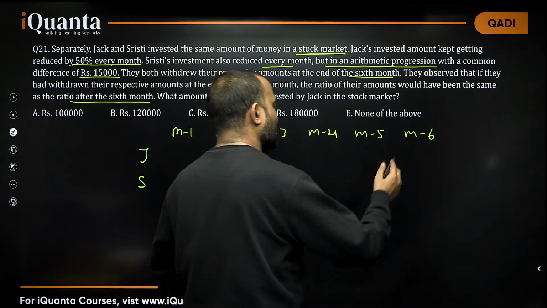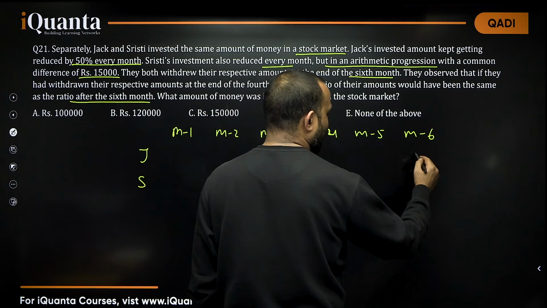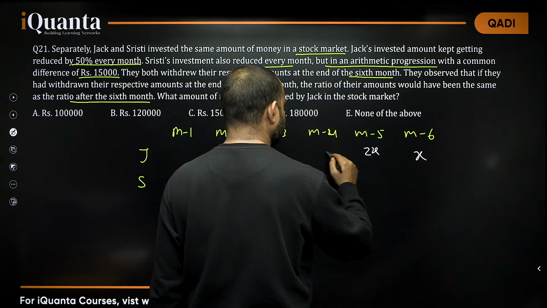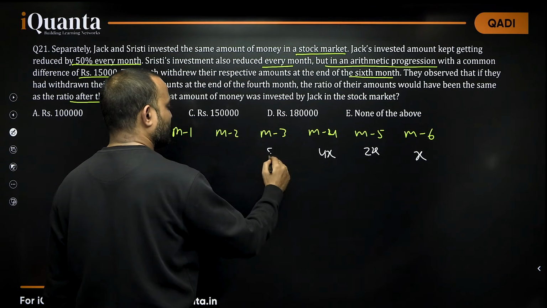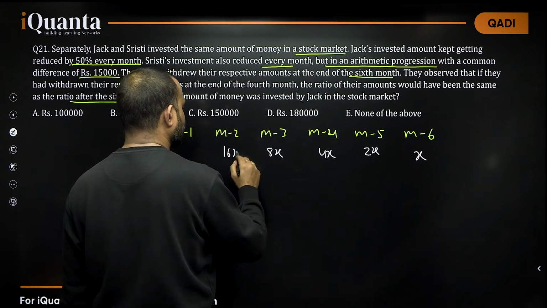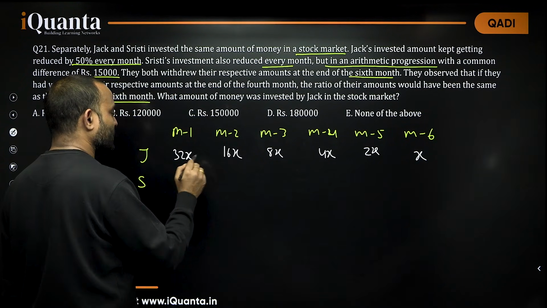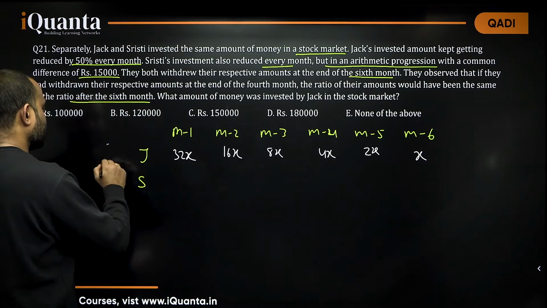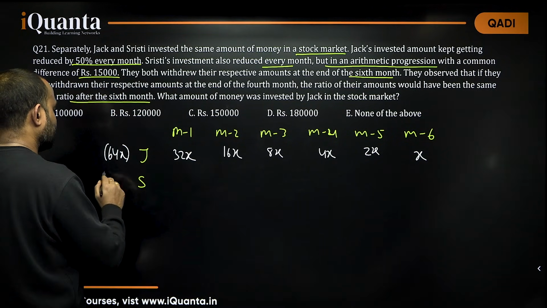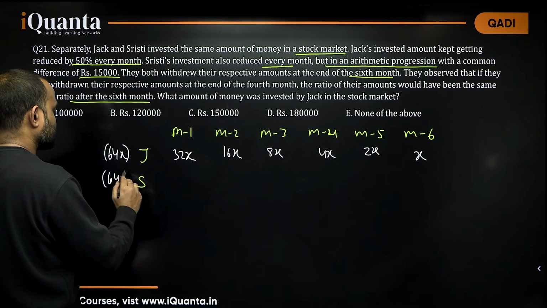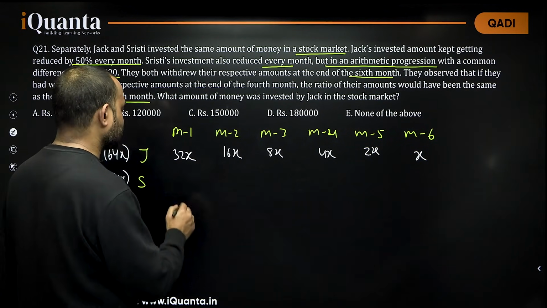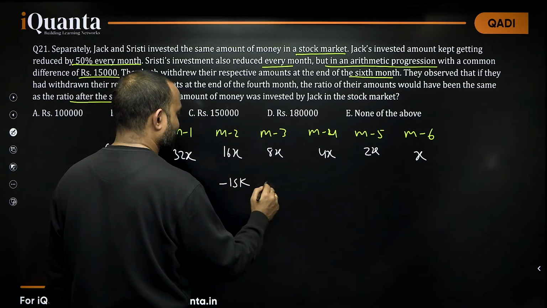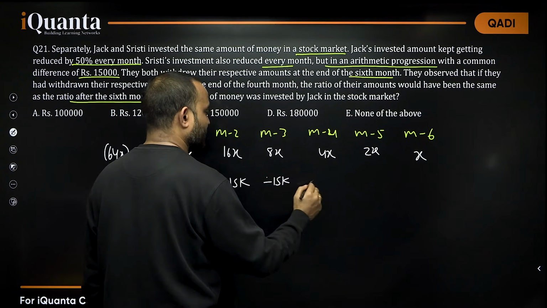So let's say the amount left in the case of Jack after 6 months is X. This will be 2X, 4X, 8X, 16X and 32X. So the initial amount invested by Jack must be 64X, and in the case of Srishti, this must also be 64X. So there is a reduction of 15,000 after every month, right?